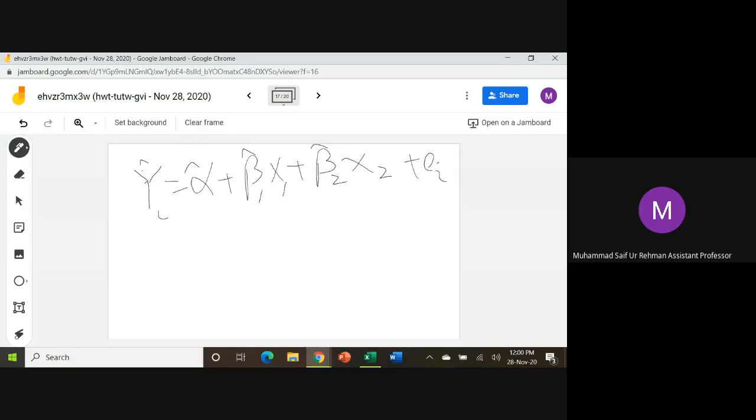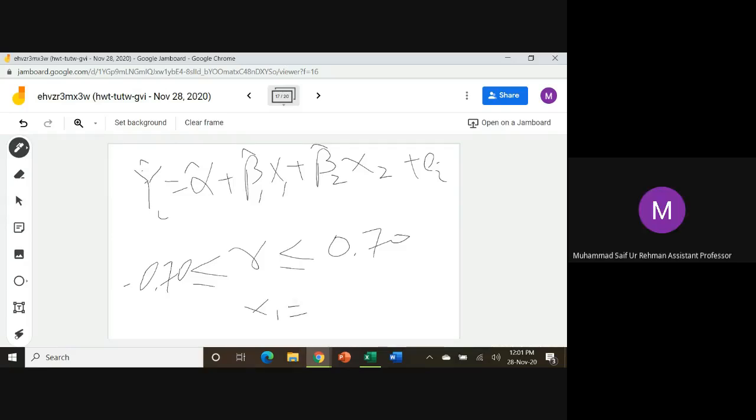Okay, so the rule is that if you find out the correlation coefficient, and that is in between minus 0.70 and plus 0.70. You know how you can find out the correlation coefficient? There are two variables, one is x1, one is x2. So make one dependent and the other independent.